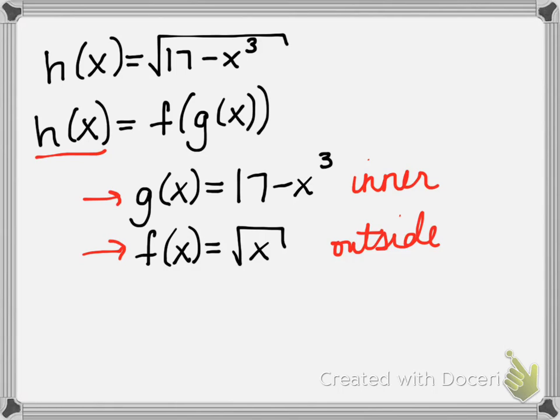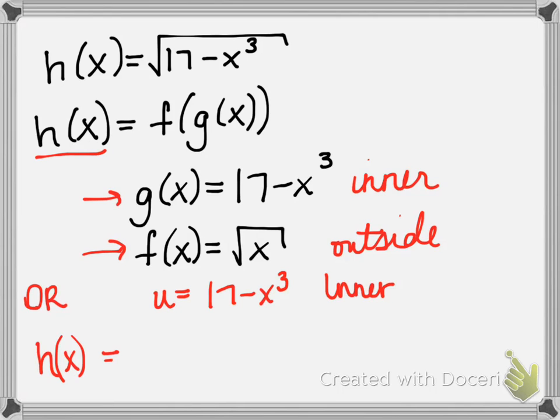A different way to think about this is to say, I'm going to take u to be 17 minus x cubed. That's our inner function. The inner function sometimes is easier to figure out because it's the step we would do first. We would do 17 minus x cubed first. So that's our inner function.